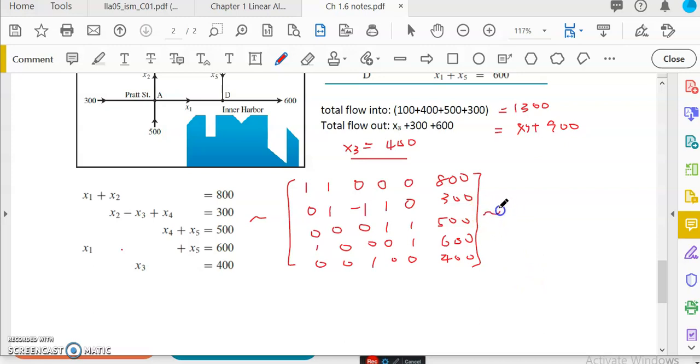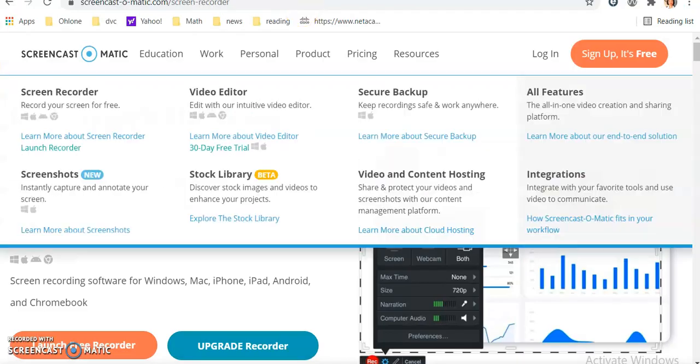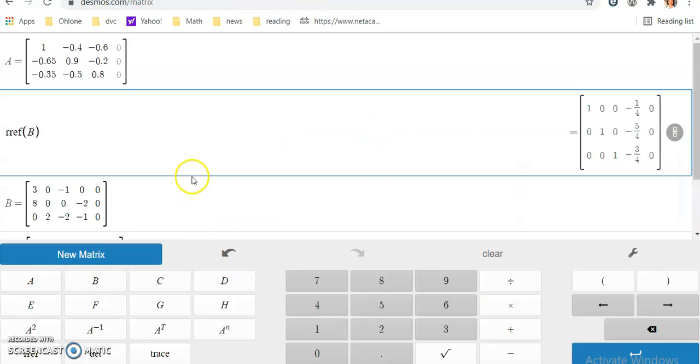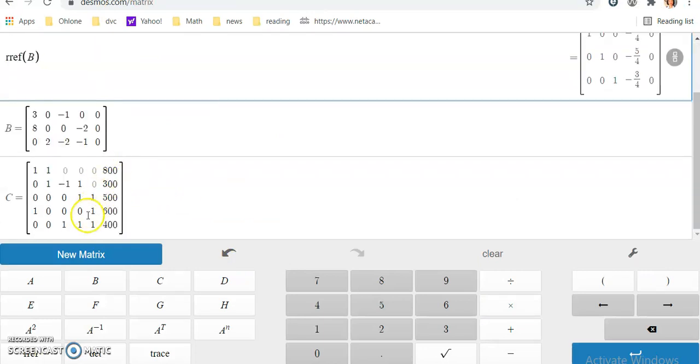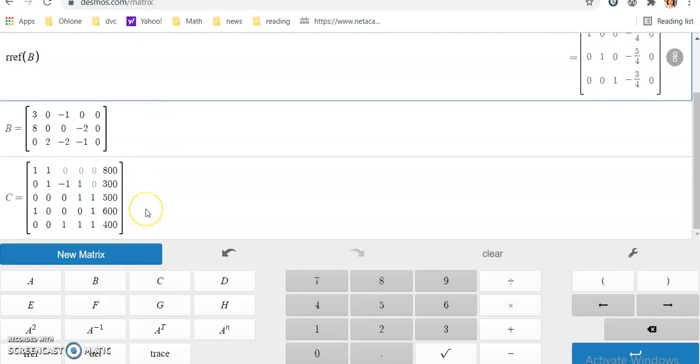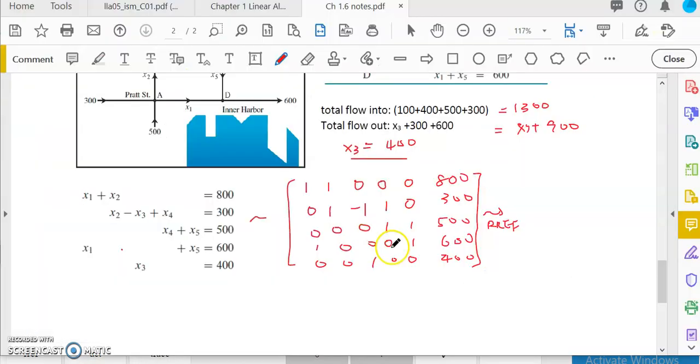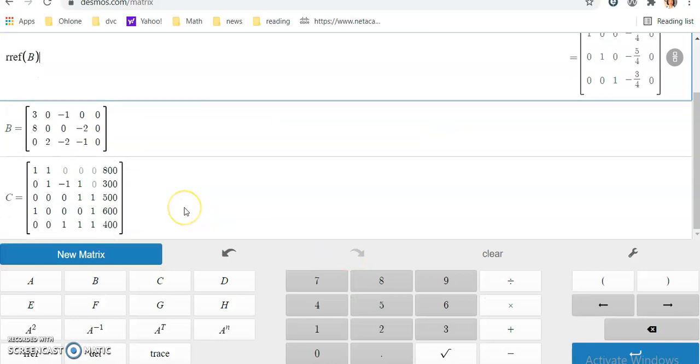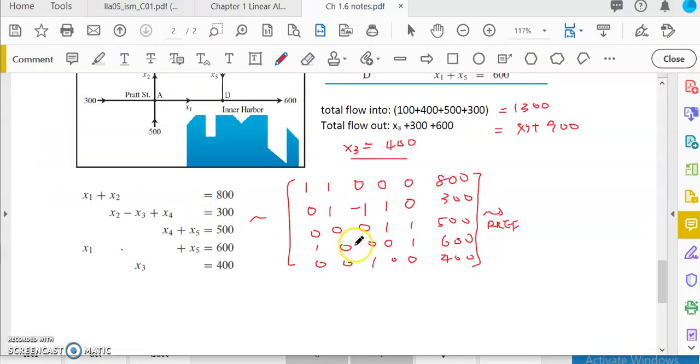Just do it. And then we do a row echelon form of this matrix, and I have entered this matrix into my calculator right here. How come it's different?